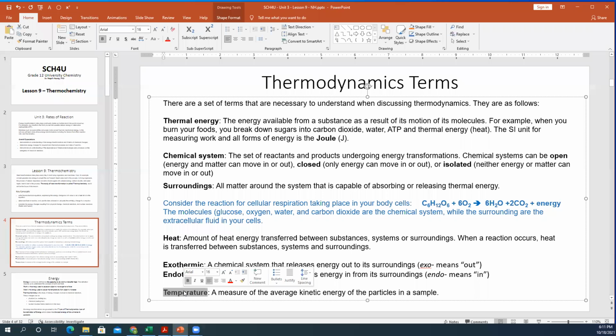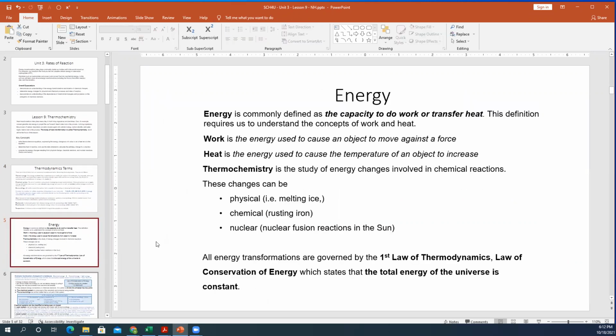And then finally, temperature. Temperature is a very familiar term, but in thermodynamics, it's a measure of the average kinetic energy of the particles in a sample. So energy is typically defined as the capacity to do work or transfer heat.